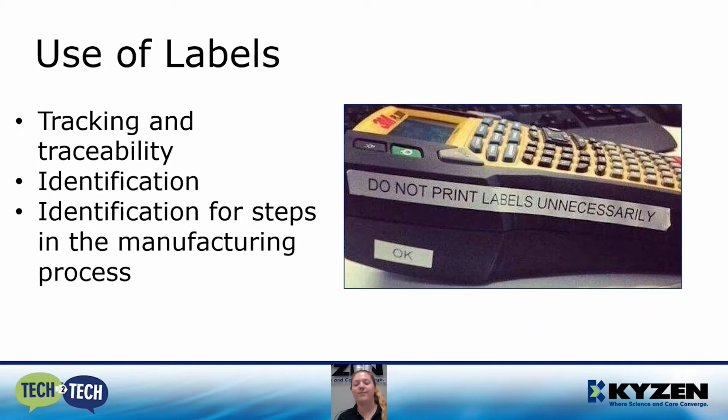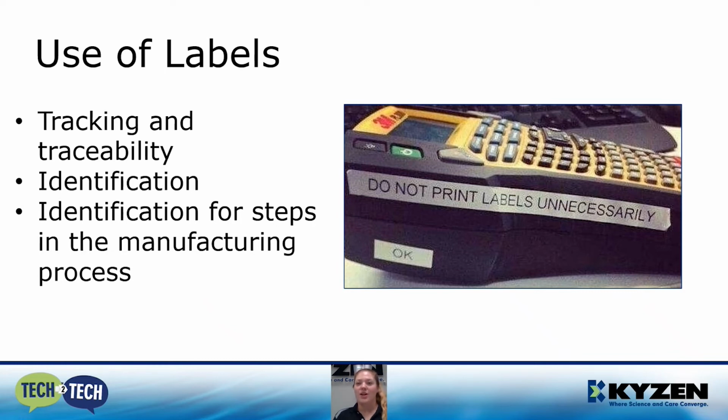So first and foremost, why are we talking about stickers or labels? Tracking and traceability are the main reasons we come across labels on circuit boards or any part really. Further down the line, if there's issues that something has to be brought back, you can go through the traceability of this label and look at what factors environmentally could have happened along the way.